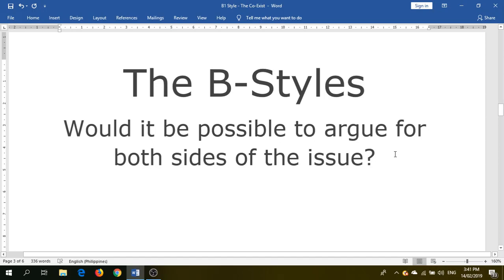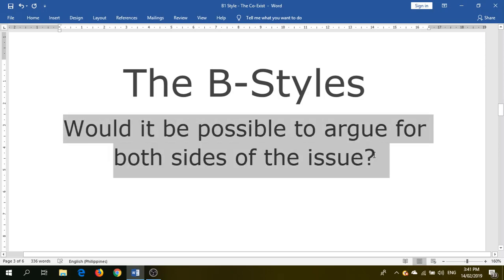And like looking at life itself, if you are indeed faced with two choices, then isn't it possible that you can actually argue for both of them? And so the question now has to be posited, wherein would it be possible to have this kind of style for the IELTS exam?